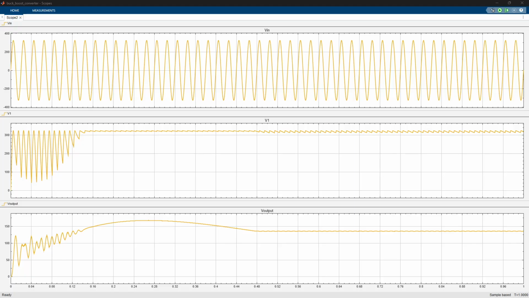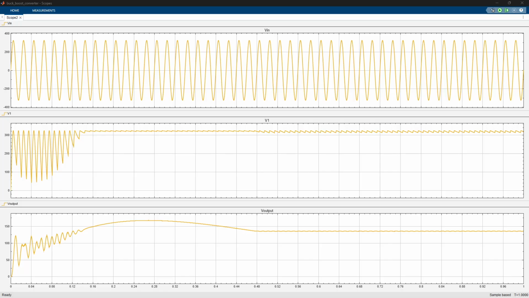First is the input AC waveform, and this top input AC waveform is a clean sinusoidal waveform. Its range is plus or minus 325 volt. No distortions are there. It is an ideal AC source. So this confirms that our input is correct.